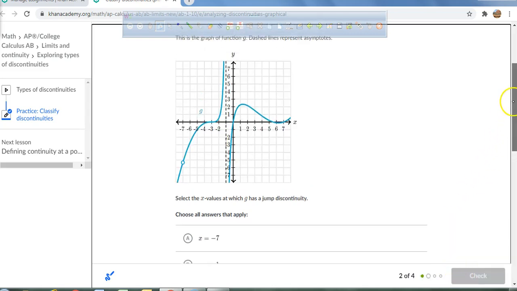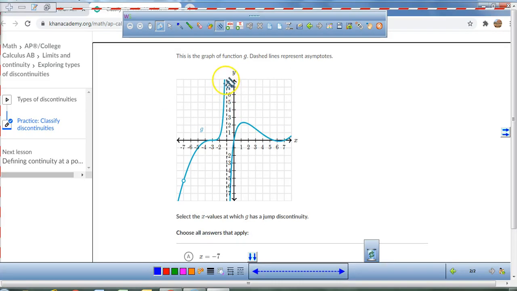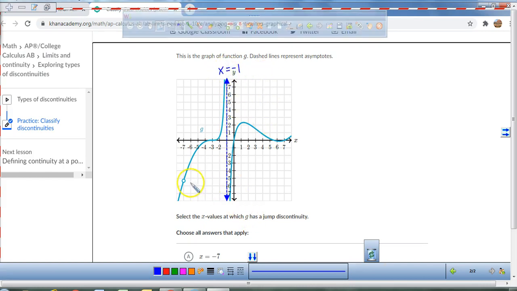All right. I see some infinite discontinuity going on right here at x equals -1, we have infinite. We got some removable discontinuity, RD, at x equals -7.